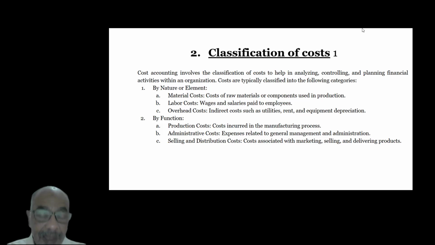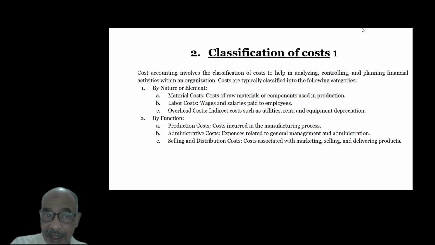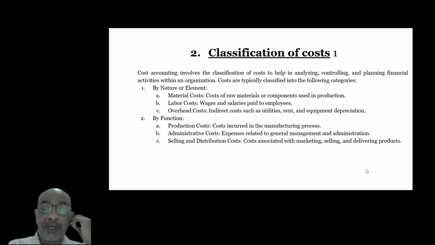The other class is labor cost. All the employees who are working with you to produce a product, their cost, like wages or salaries or anything you give them because they are working with you, is called labor cost.